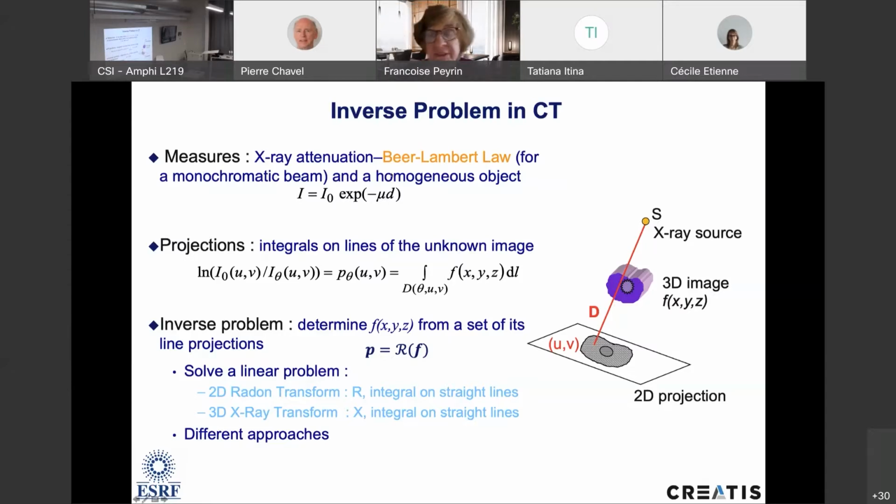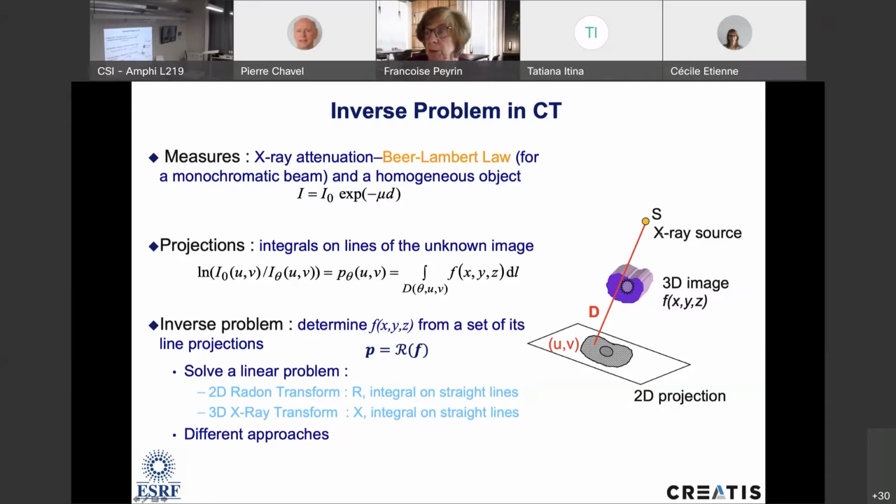So this is a basic law. When you have the human body or any object, it's a bit more complex because the mu is not homogeneous, of course. When you go through the human body, you cross different materials. You can cross bone, soft tissue, air, and so on. So you have to model that as an image f of x, y, z.